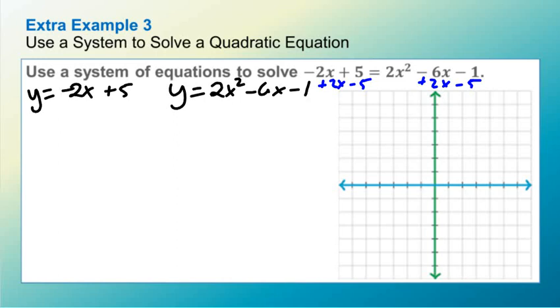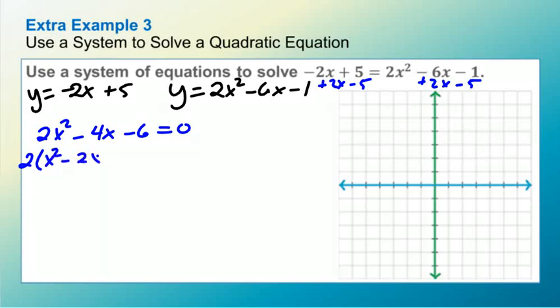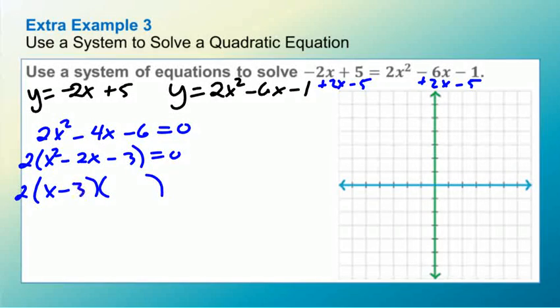So I now have 2x squared minus 4x minus 6 equaling 0. I'm going to factor out the greatest common factor, which is 2, so that's x squared minus 2x minus 3 equaling 0. So now I have x minus 3, x plus 1.